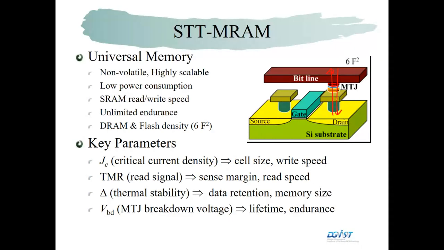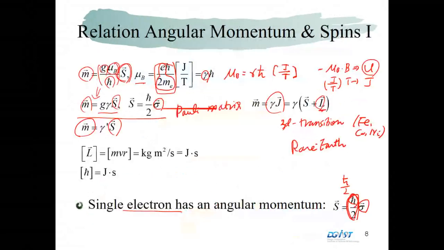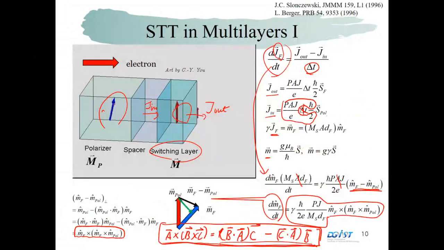In one direction, we can switch this layer to the polarizer direction. But if you're sending current the other way, the switching layer can switch to the opposite direction to the polarizer.